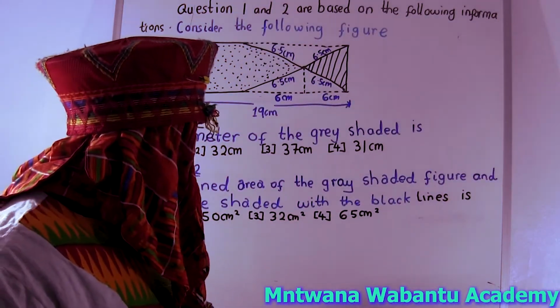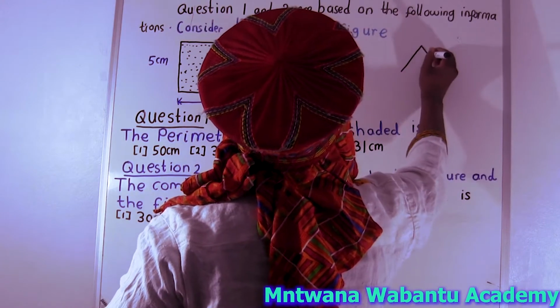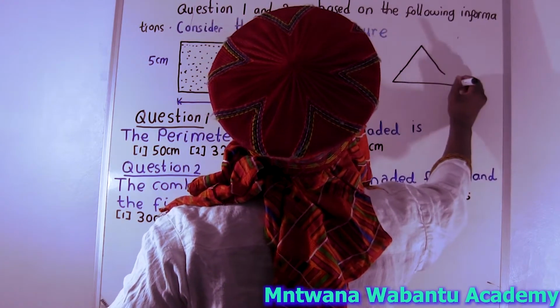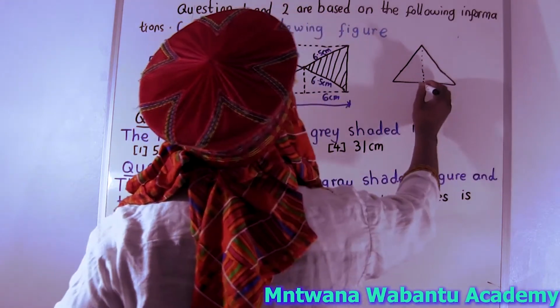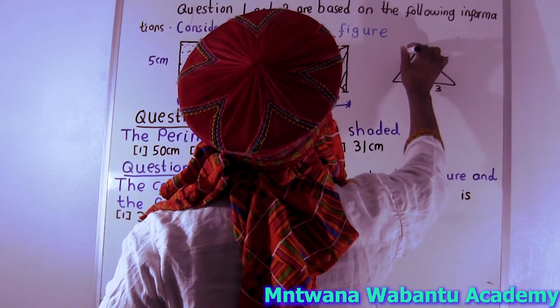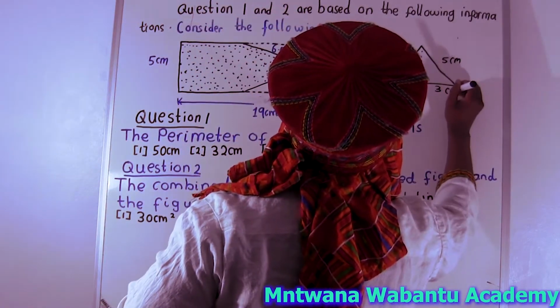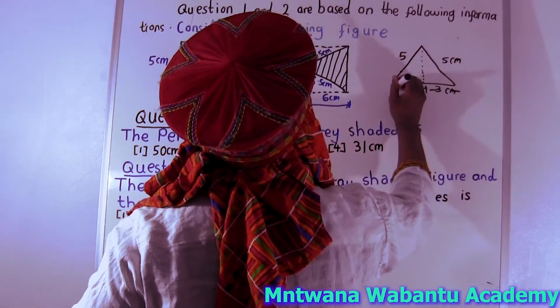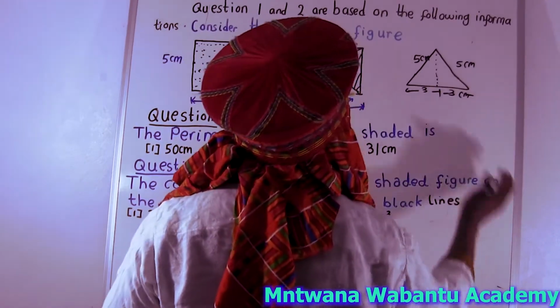Now let me explain to you what perimeter means. For example, if somebody says find the perimeter of this triangle, and they give you 3 here, 3 here, 5 and 5. From here to here is 3 centimeters, and this is 5 centimeters.